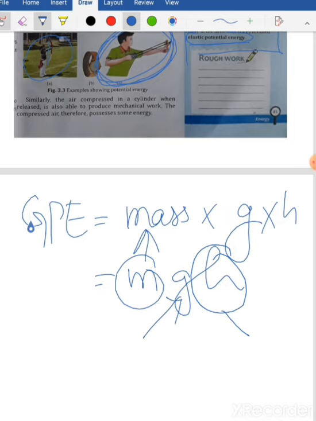When I raise that watermelon up, it is being pulled by the earth, isn't it? So when I leave my hand, the watermelon falls down with force and it moves with a certain acceleration, this G over here. Okay, and what is m? M is the mass of the watermelon. So again here two examples are given where the formula for potential energy mgh is used. So please go through that.